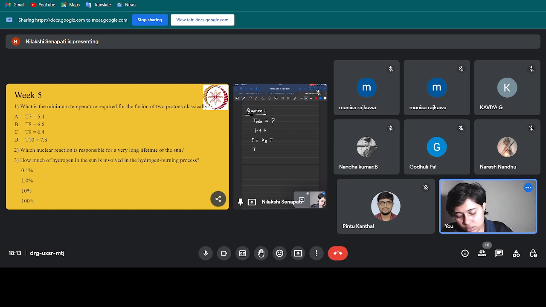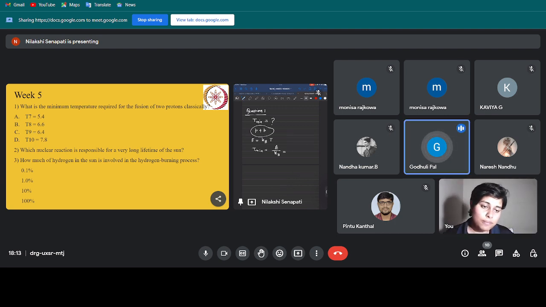So T min, as it is mentioned, is classical, so T min is equal to E by kB. Ma'am, the most probable energy formula is half kBT. Yes, you can use half kBT also, but then it will not match the options given there.